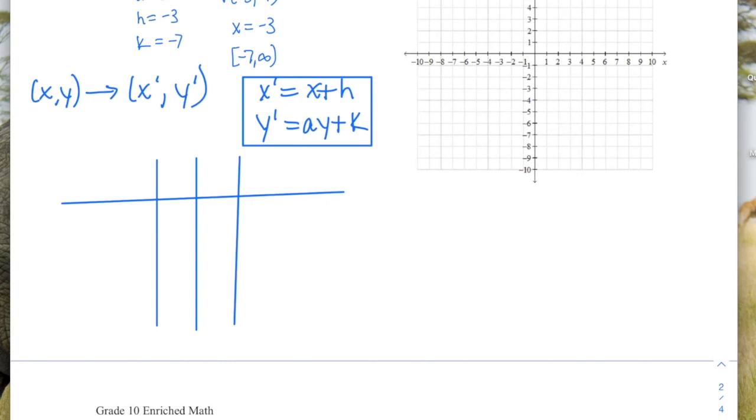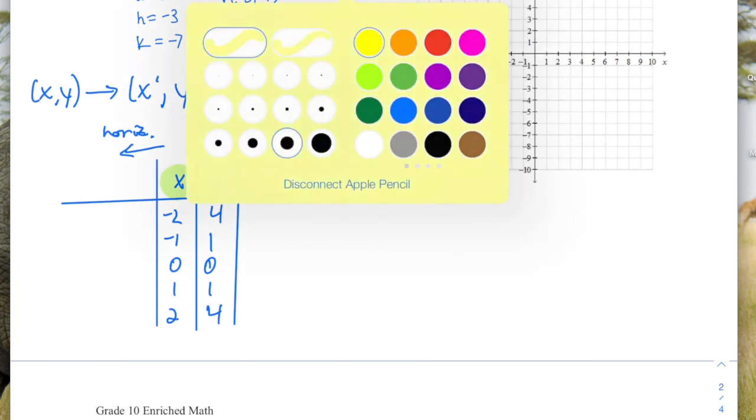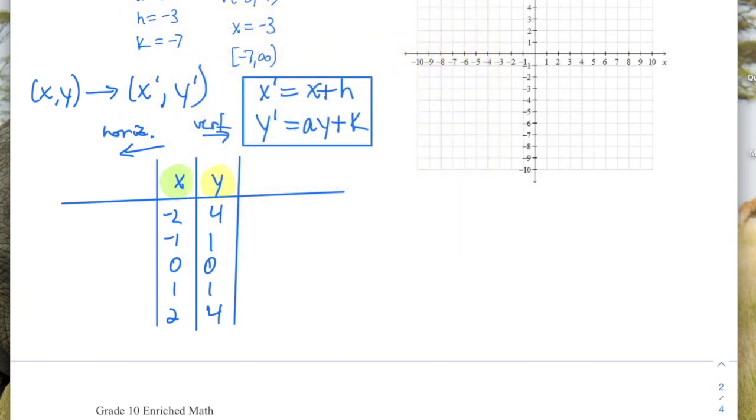Okay, and that's by putting in 5 important points of the parent function. So we can always start there. And then what I like to do is I like to build out the table horizontally and vertically. What I mean by that is obviously horizontal changes have to do with x and vertical changes have to do with y.